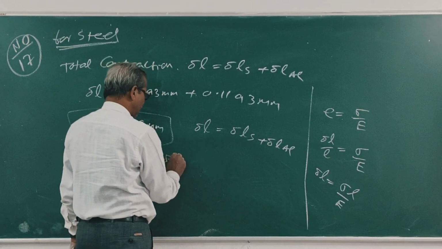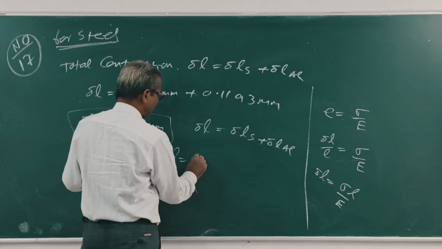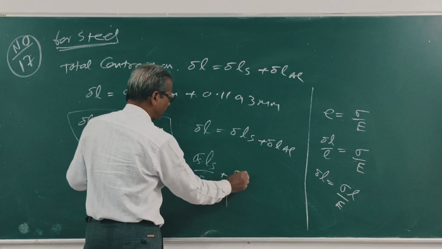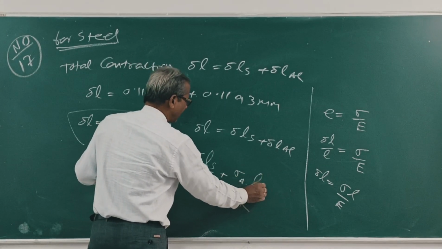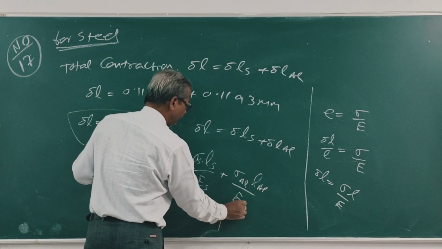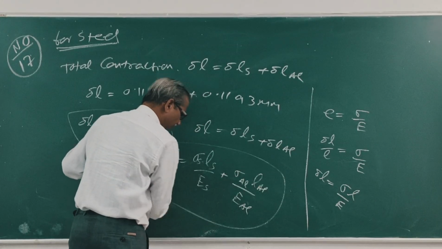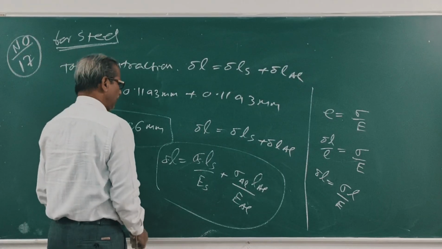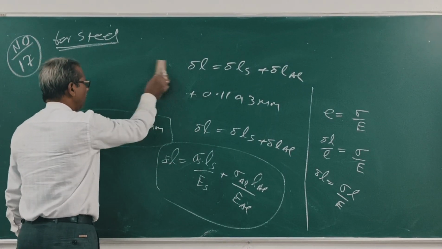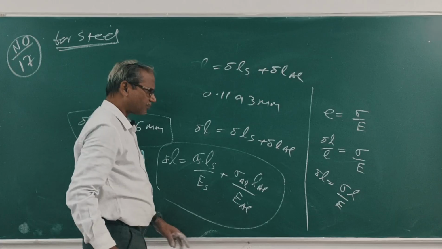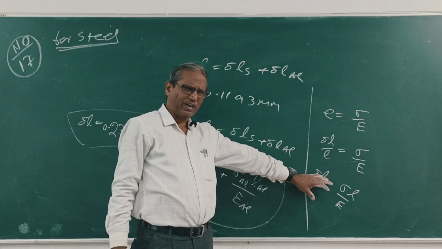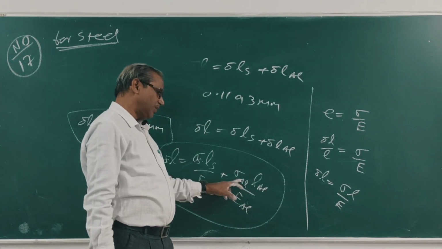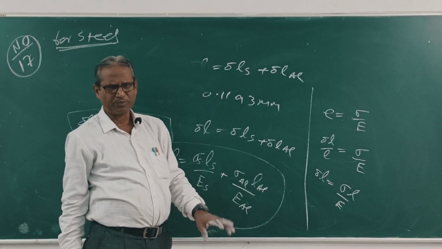So delta L is equal to delta L steel, sigma S LS by ES, plus sigma A L aluminum by E aluminum. This is formula to find sigma S and sigma A. Now put the values. Clear? This value delta L, contraction or extension. S for steel, L for aluminum. Right?